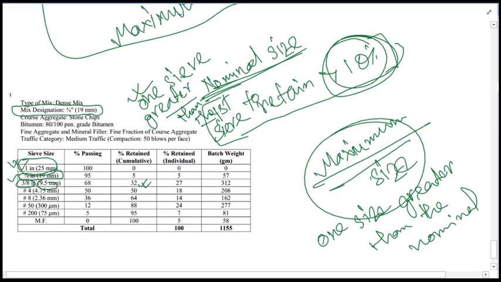You might have some amount greater than 25 millimeter retained in your sieve analysis, but in that case we will ignore those values. We take the first sieve retaining greater than 10%, one more than that is the nominal size, and one more than that is taken as the maximum size.